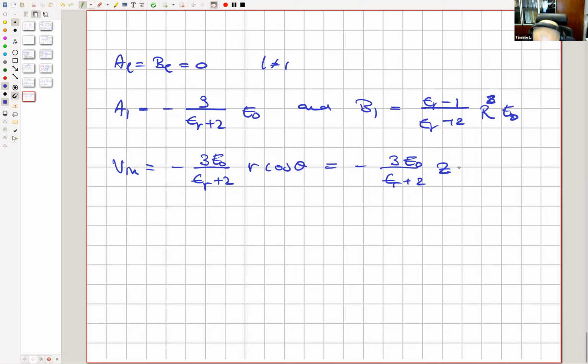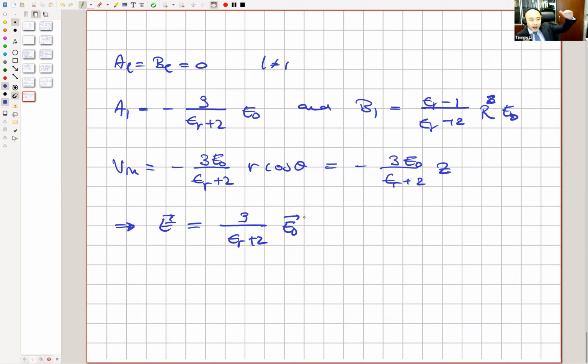And so for the total field, here is E. It's just 3 over epsilon_R plus 2 times E_0. Now this is the result that you were supposed to show also in the problem set.